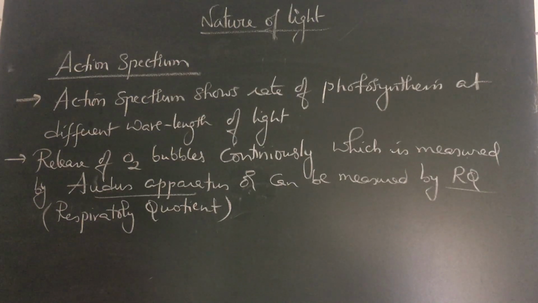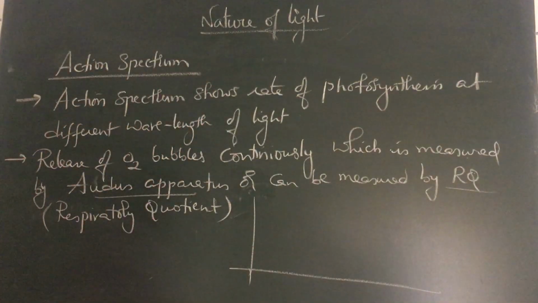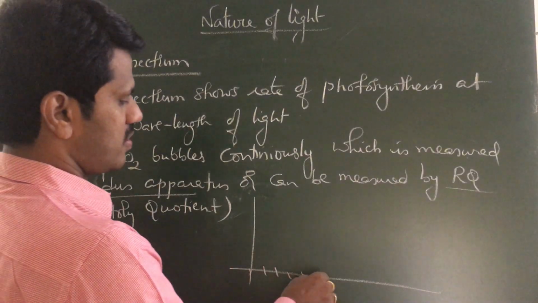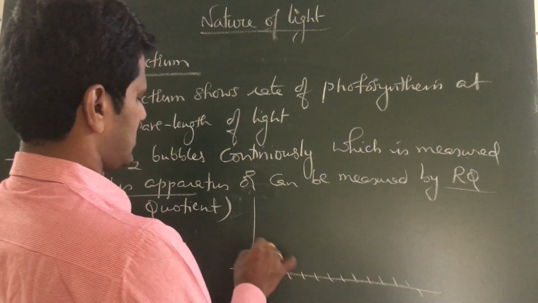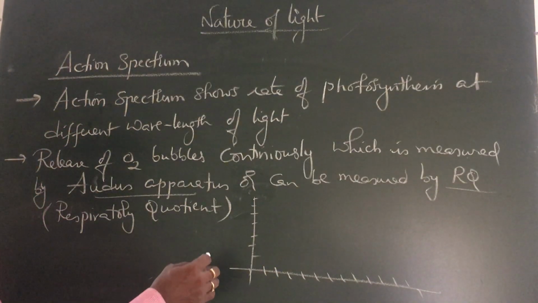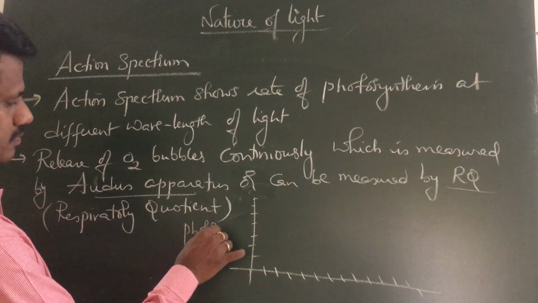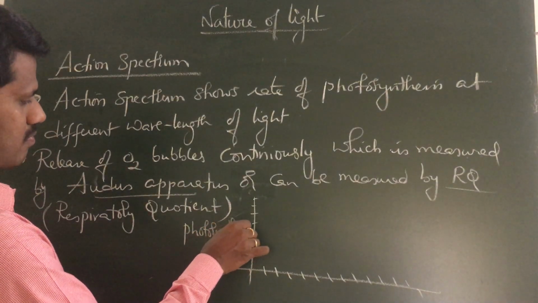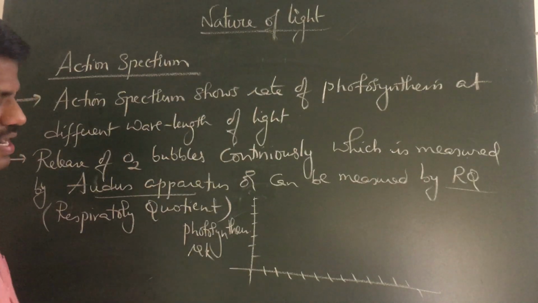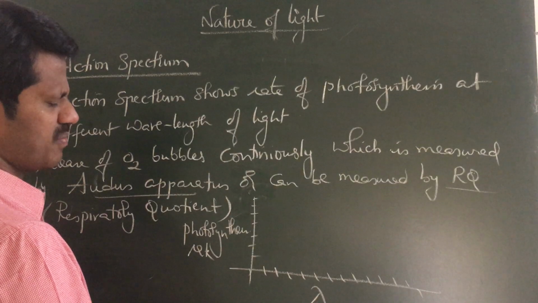So here you get peaks. Based on the range of peaks, when you take the x-axis and y-axis, here light absorption, here photosynthesis rate, and here wavelength.